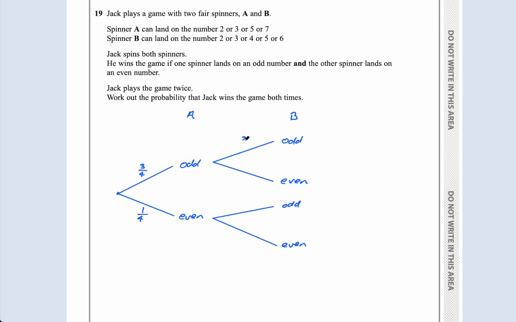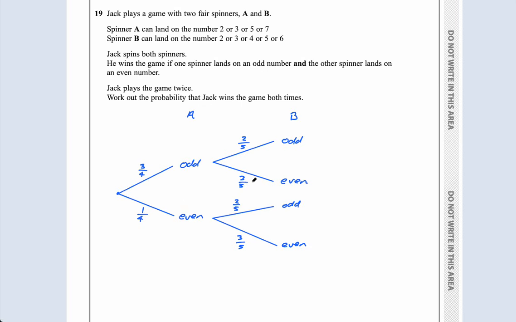So it's 2 out of 5 for odd, and 3 out of 5 for even. These don't change, guys. They're not actually dependent on spinner A, so I can just leave them like that.